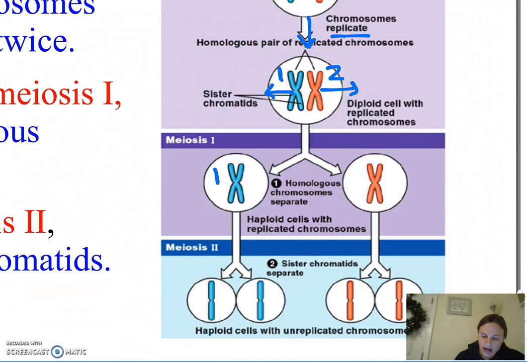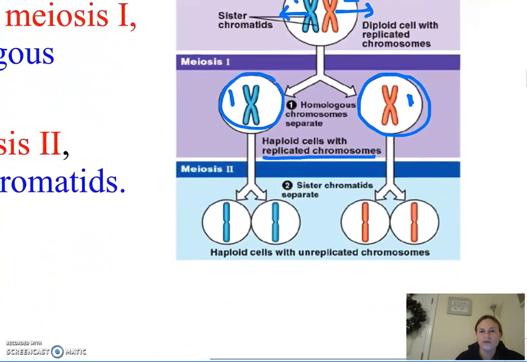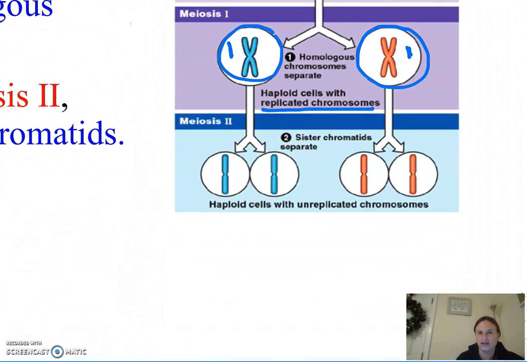So now I end up with daughter cells that each have 1 chromosome in them. These are replicated chromosomes, but there's still only 1 in this cell and 1 chromosome in this cell. So we started out with 2 and now we ended up with 1. We ended up with half the number of chromosomes in the daughter cells.